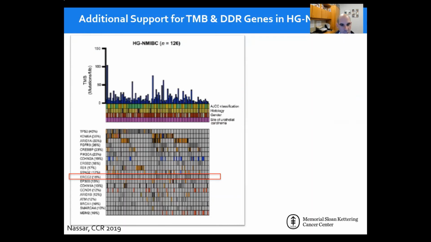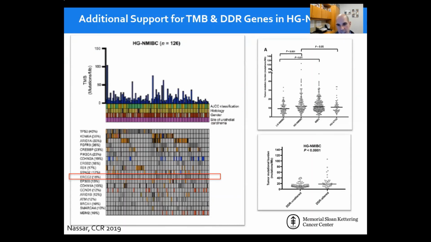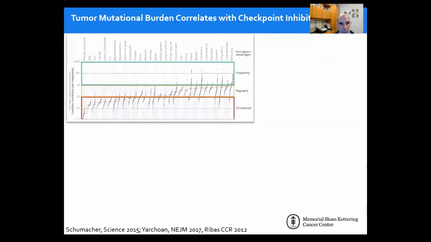Again, ERCC2 is quite prevalent in high-grade non-muscle invasive disease, and it is again associated with a higher tumor mutational burden, similar to muscle invasive tumors and much higher than low-grade non-muscle invasive tumors. And again, if you have a DNA damage repair gene alteration, the tumor mutational burden is higher than if you are a DNA damage repair gene wild type tumor.